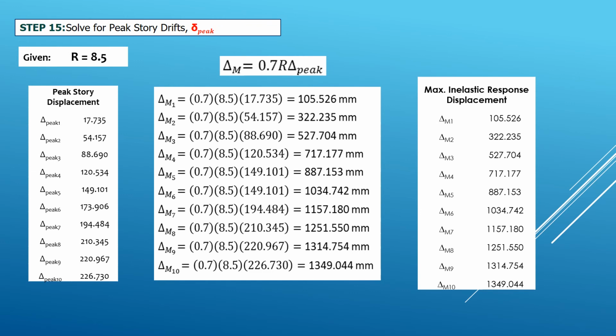So, for delta m1, substitute natin yung R at delta peak 1. So, here, makikita naman natin siya. So, same process lang din para makuha natin si delta m10. So, ito, substitute lang natin yung kanilang corresponding value for every peak. So ito yung result niya. Ito yung ating maximum inelastic response displacement.